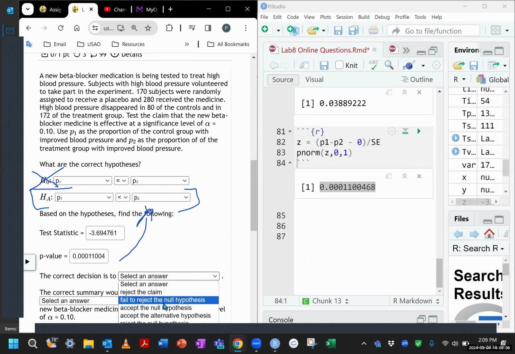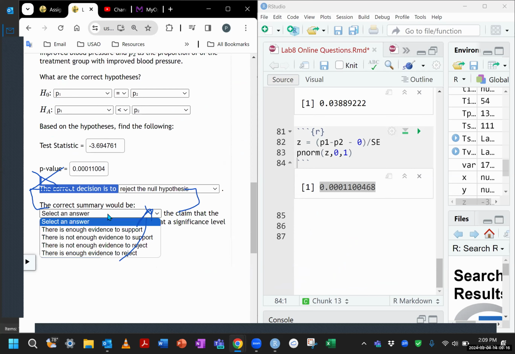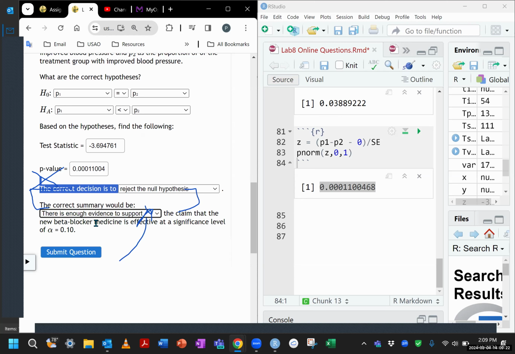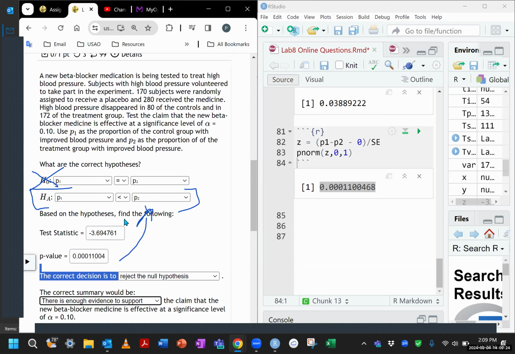So we'll reject the null hypothesis. We will reject the null and say that there is enough evidence to support the claim that the new beta blocking medicine is effective. So we have evidence to support this claim since we rejected the null.